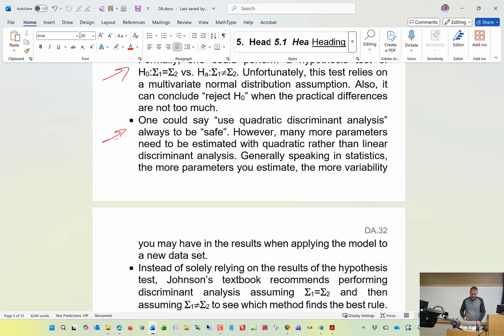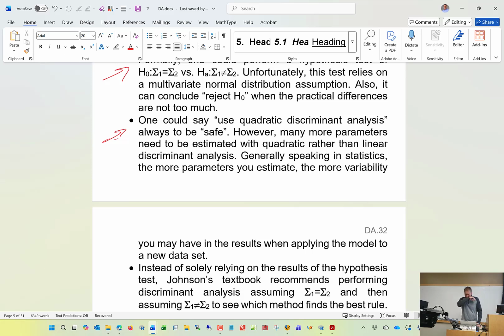The problem, though, is something that can happen in statistics: you could estimate more and more parameters and get a little bit of a better fitting model. Then the problem is when you apply that model someplace else, you've overfit the model, and the method just doesn't work well.